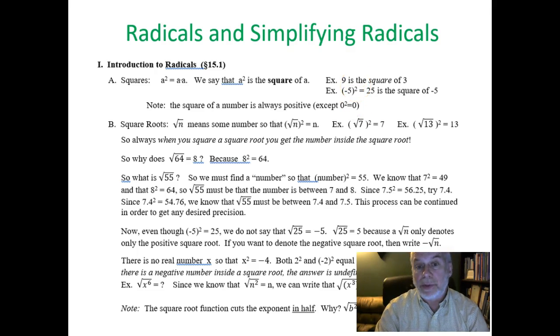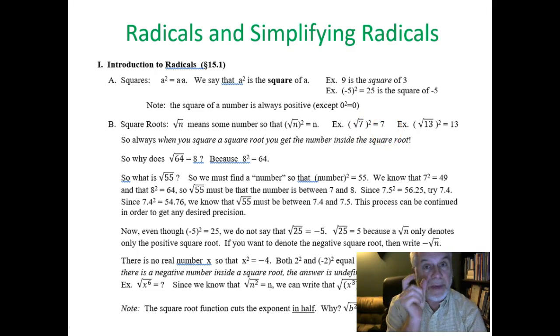Now, square root of a number means some number that when you square it gives you that number. So the square root of 7, for example, means that if I square the square root of 7, that's going to give me 7.